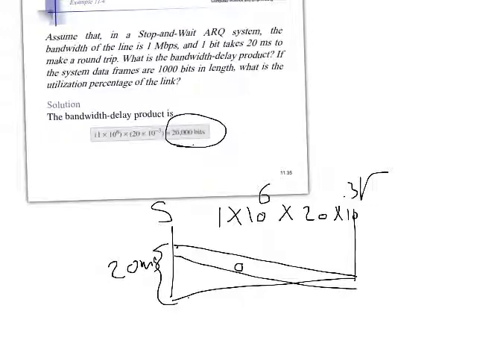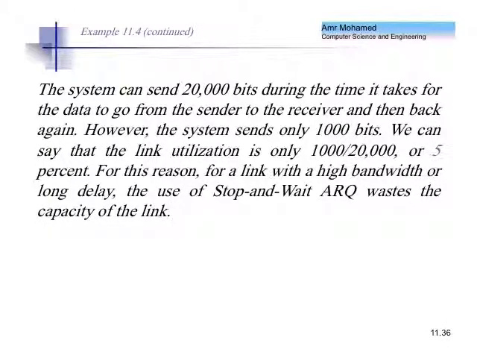This is actually ignoring the processing time at the receiver, assuming that once the receiver receives, it will send the acknowledgement right away, with no time to process. This means the utilization of the channel is actually 1,000 divided by 20,000. So instead of sending 20,000 bits, I only sent 1,000 bits.